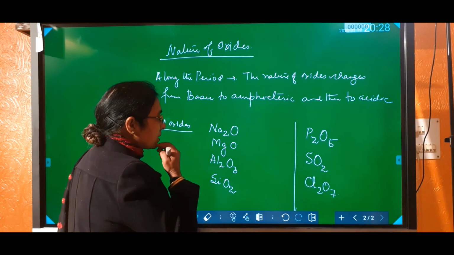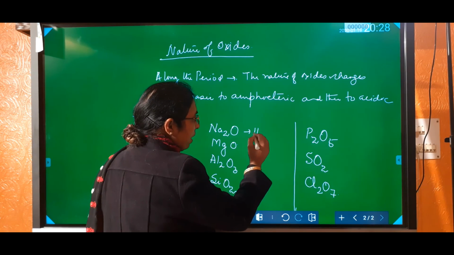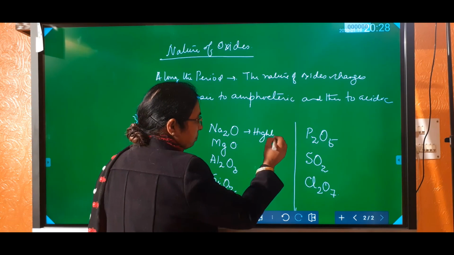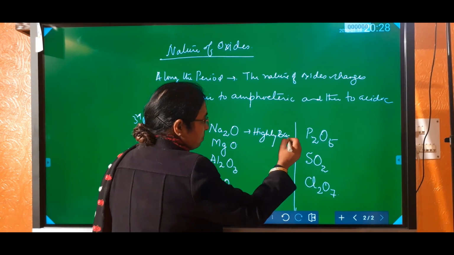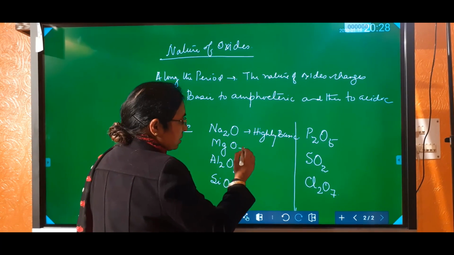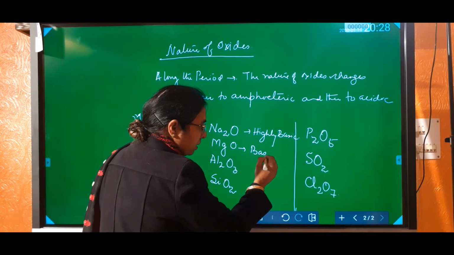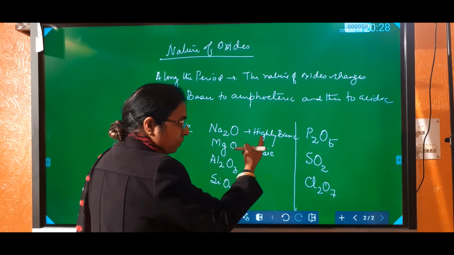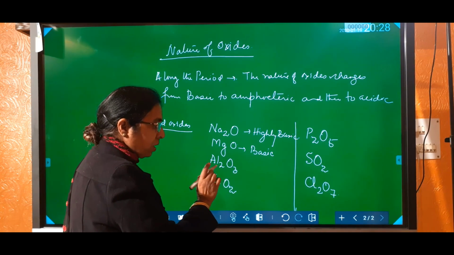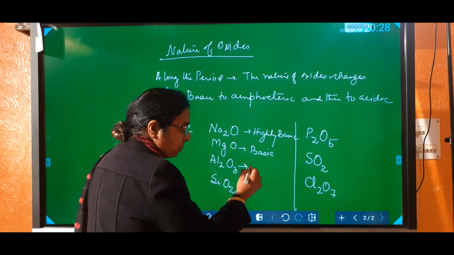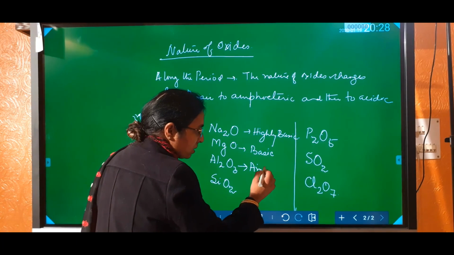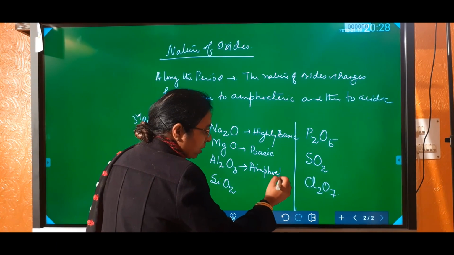Now let us see the nature of these oxides. Sodium oxide is highly basic. Magnesium oxide is not so highly basic, but it is also a basic oxide. Aluminium oxide is amphoteric.